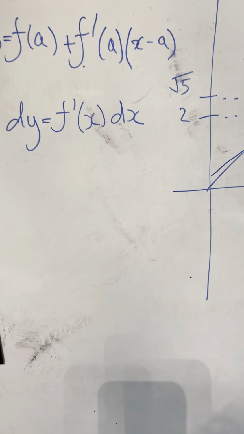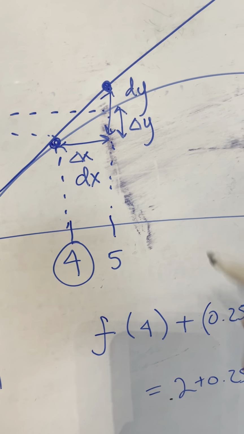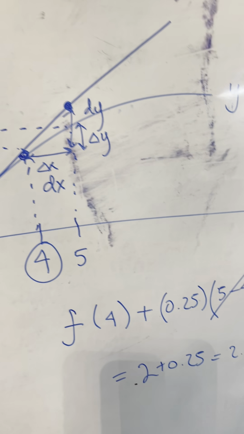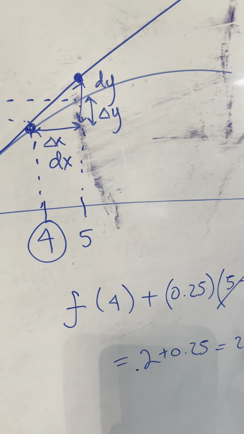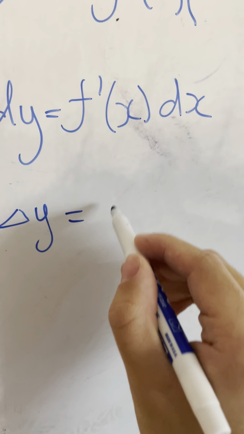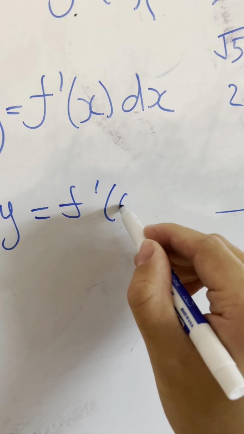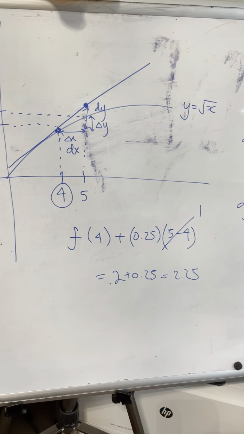And what if we want delta y? Delta y is basically just the exact change. If our a value is small enough, we can say that it's pretty much our new function. So we can just say delta y is really just f prime of a delta x. And there you have it, linear approximation.